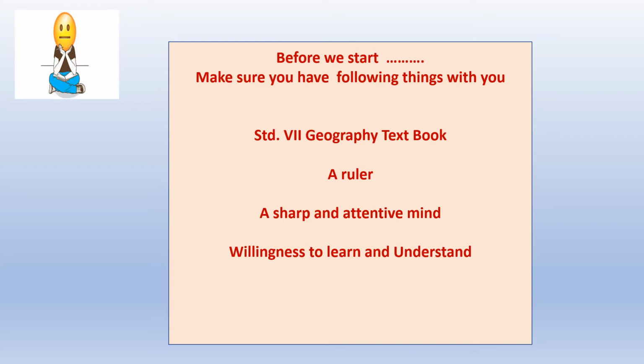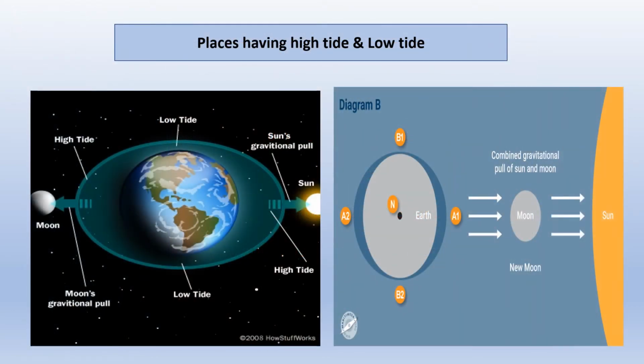In the first segment, we studied the different types of tides that occur, the high tide and the low tide, because of the gravitational pull of the sun and the moon.